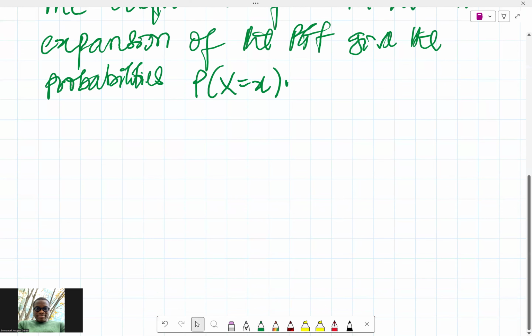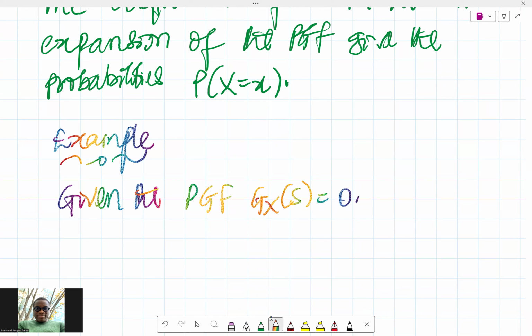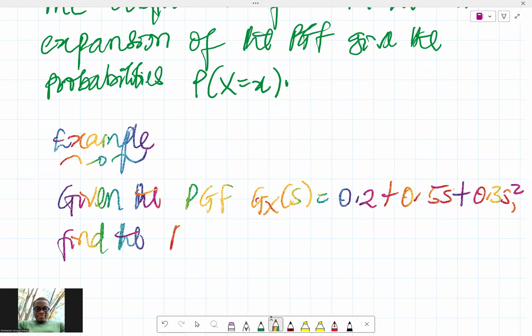So let's take an example. Given the PGF G_X(s) equals 0.2 plus 0.5s plus 0.3s squared, find the probability mass function of X. This is all about inversion.